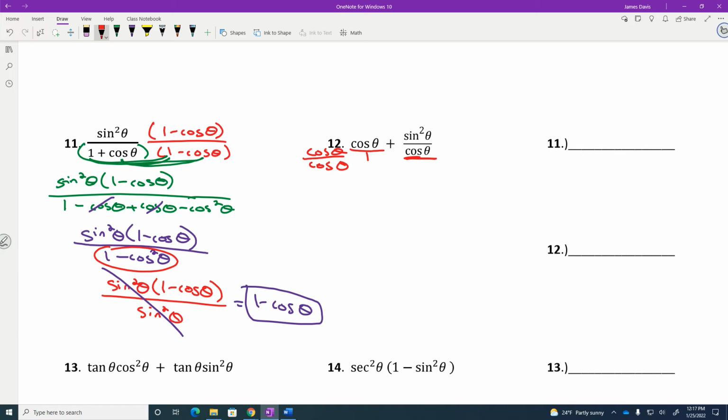Then you're left with cosine squared over cosine plus sine squared over cosine. Now they've got the same denominator, so we can go ahead and add them together. Then we get cosine squared plus sine squared over cosine.